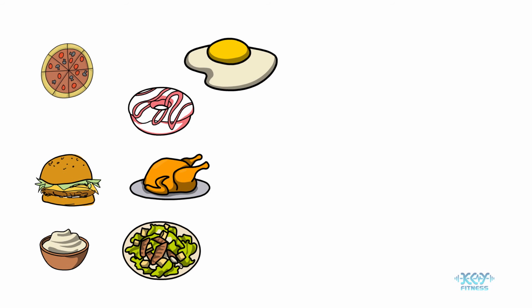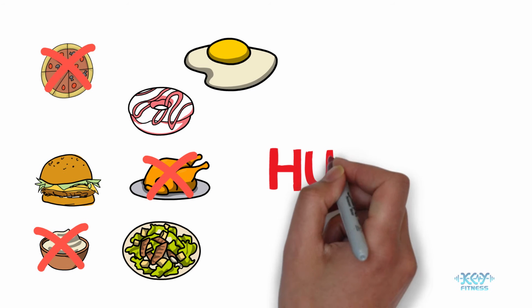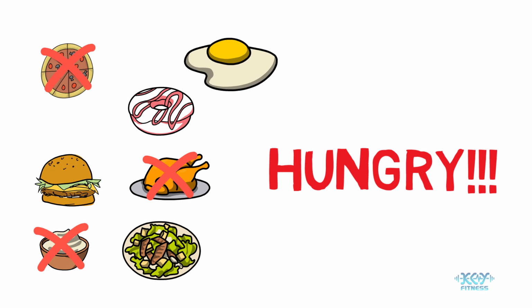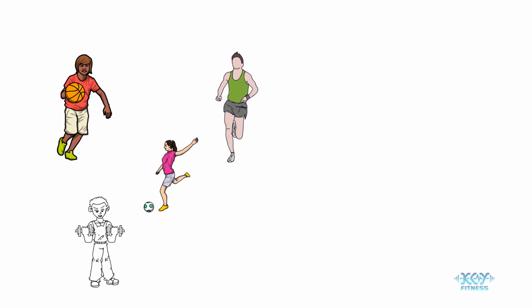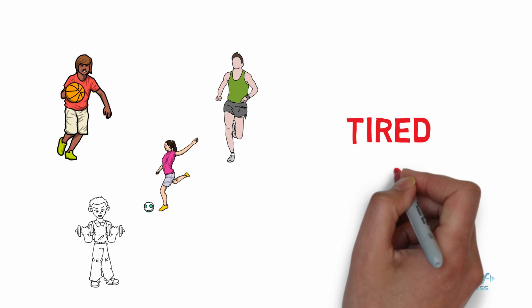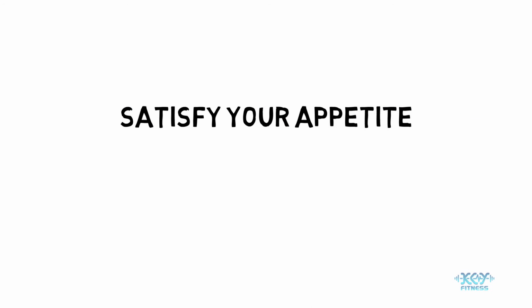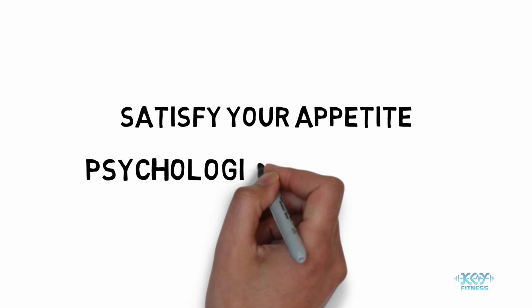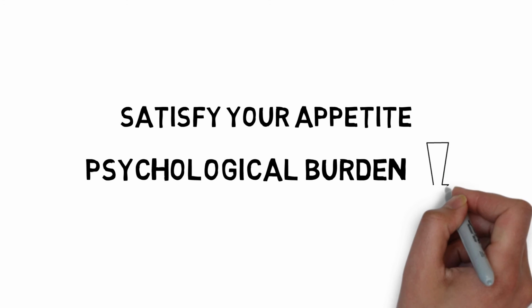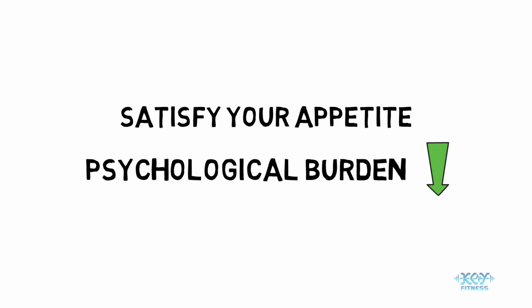If you just cut your food portion alone, you may feel hungry very soon. The same goes for exercise. If you only work on exercise to lose weight, you will get tired and demotivated. Therefore, practicing both methods not only satisfies your appetite, but also reduces your psychological burden.